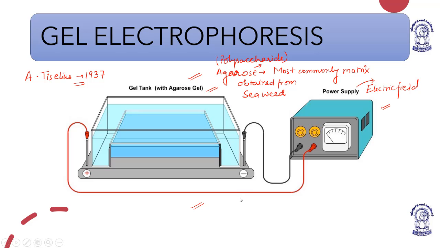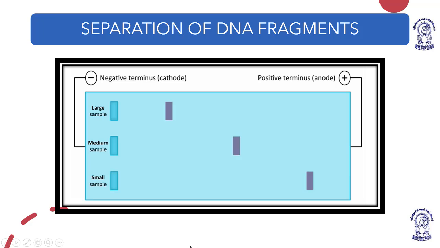Moving to the next slide. This is the separation of DNA fragments. You can see the large sample, the medium sample, and the small sample, depending upon size and mass of the DNA, RNA, or protein.